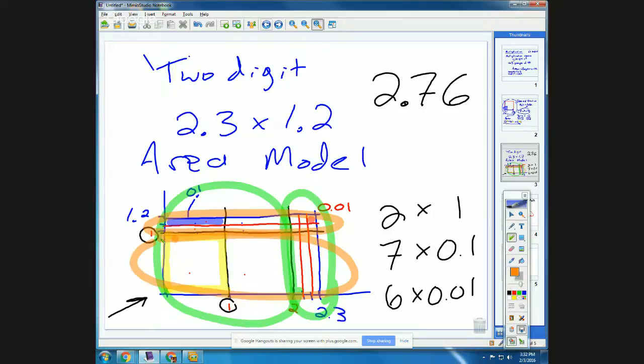So depending on where you start doing your expansion, you could be looking at 2 columns or 2 rows in the picture. But the thing we're trying to do here is connect the idea of place value to the algorithm that we're using. Okay, so I'm going to stop here and pause the video.